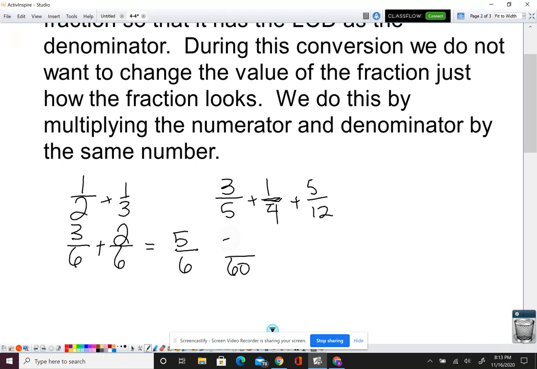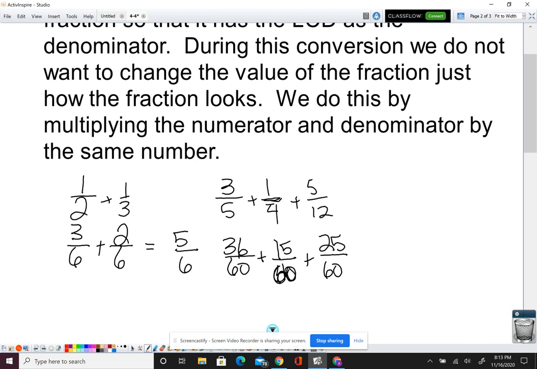So 3 times 12 is 36. What times 4 gives you 60? 15. So 15 times 1 is 15. And we wanted that to be a denominator of 60. And this denominator 12, times what gives me 60? 5. So 5 times 5 is 25.